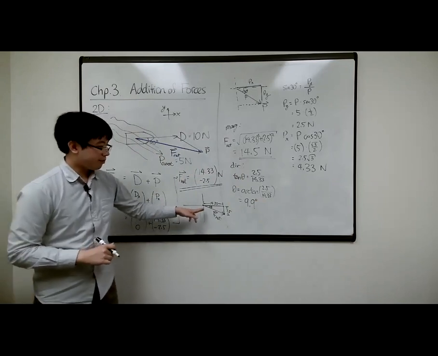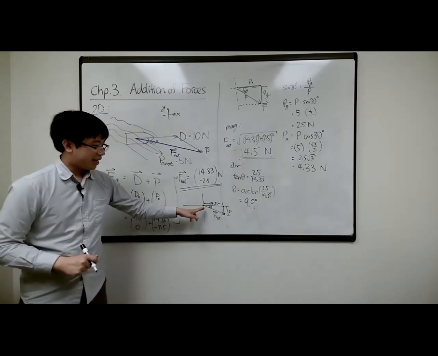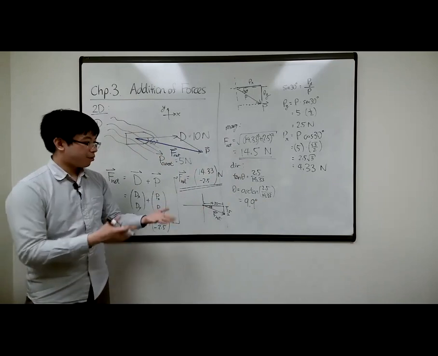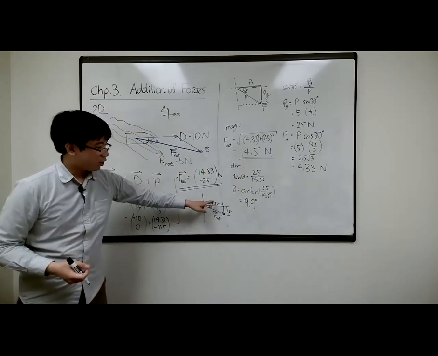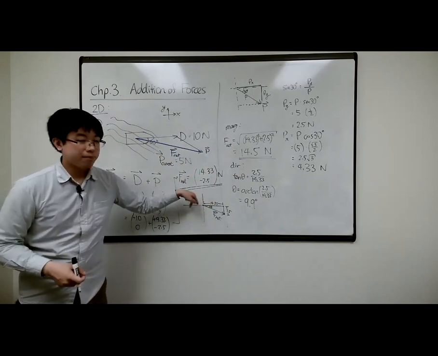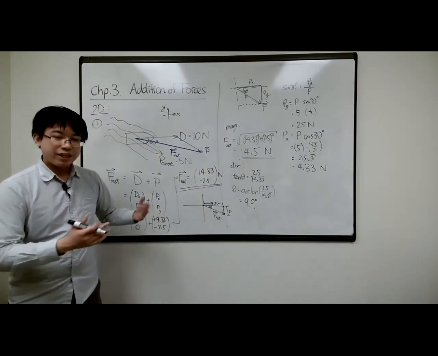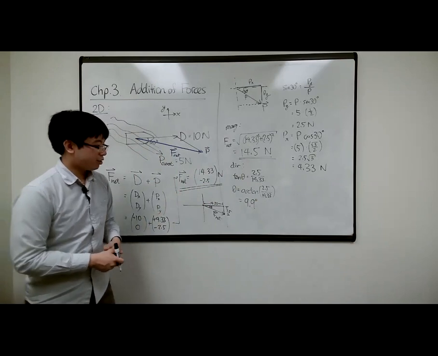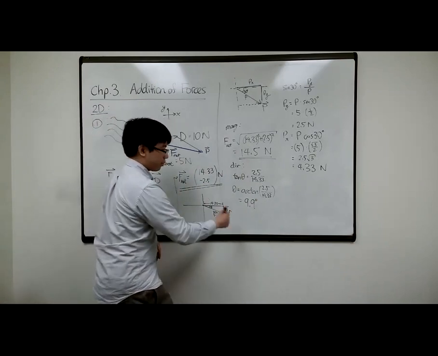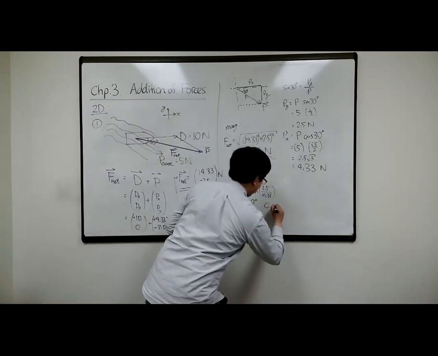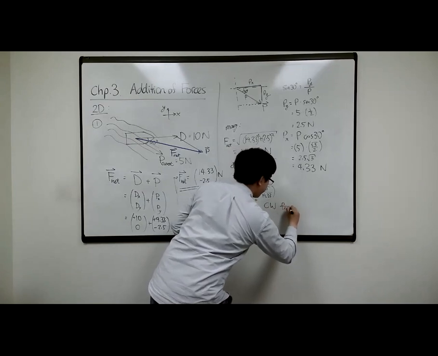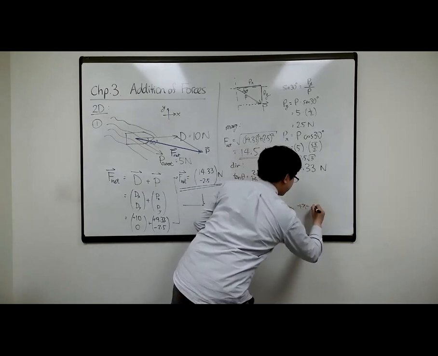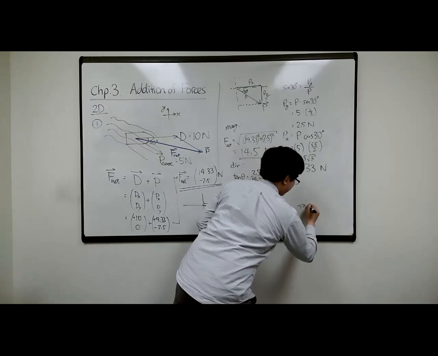We need more information, otherwise people don't know 9.9 from where. It's going downwards, so you can say downwards from the positive x direction, or you can use clockwise or counterclockwise, which is also a good way. So I will say clockwise from the positive x axis.